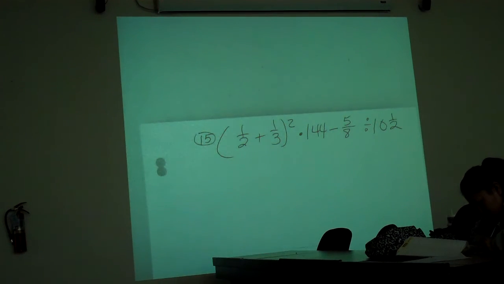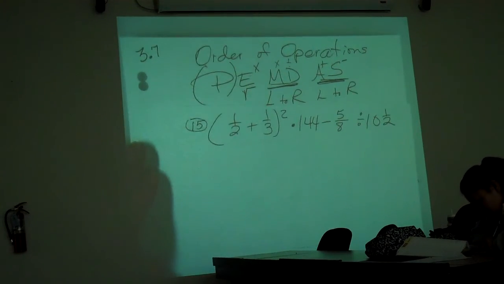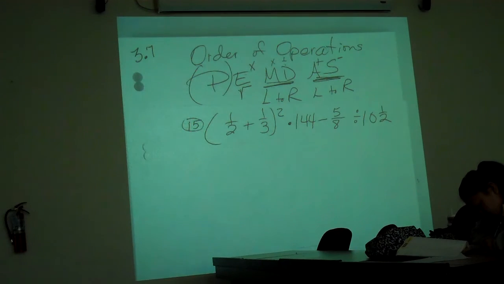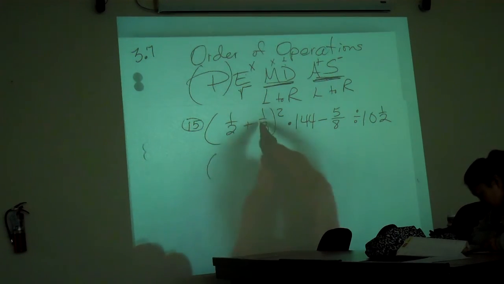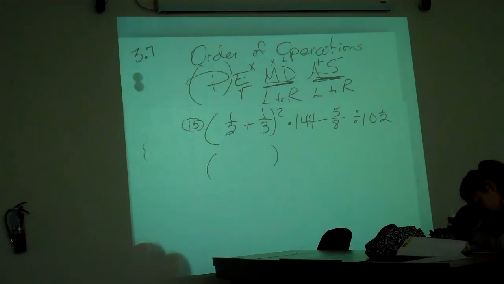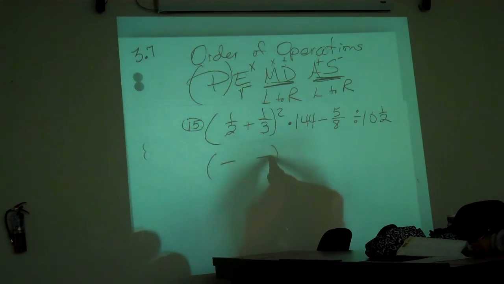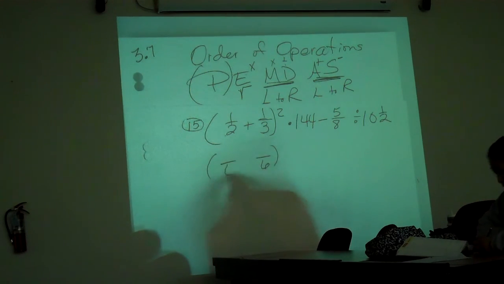Okay, the first thing, parentheses, right? First thing you gotta do is parentheses. So inside the parentheses, we need to add 1/2 plus 1/3. Before you add, what do you need? Common denominator, right? 3 and 2, what's our common denominator? 6.